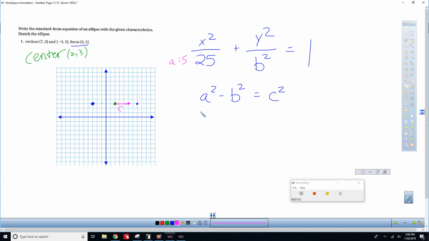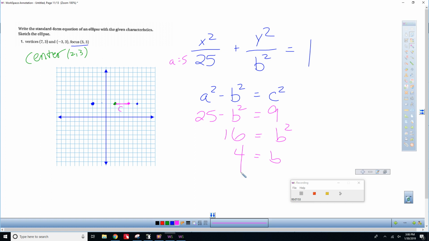So you get 25 minus b squared equals 3 squared, which is 9. Then b squared is 16, and b is 4. I told you guys, Michael Jackson, he never stops showing up. There's your 3, 4, 5 again. So b is 4, and now we know our equation.